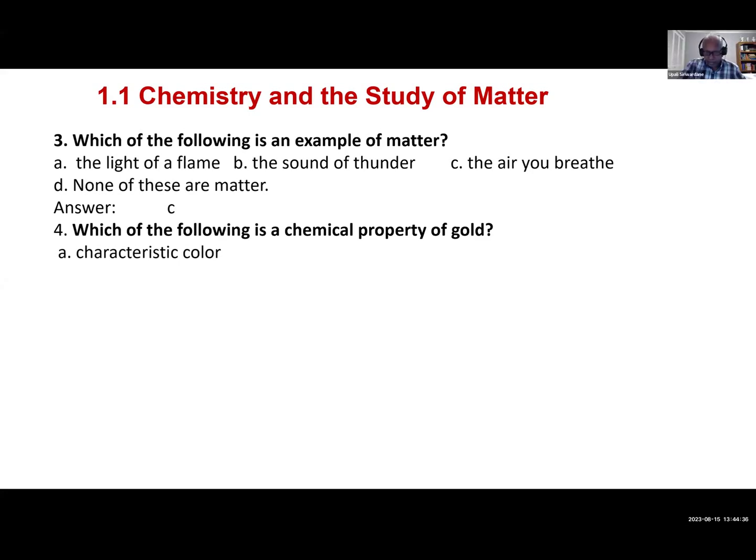Color of the gold. Is it a chemical property or physical property? We are asking chemical property. You're asking if it's physical or chemical? Yes.